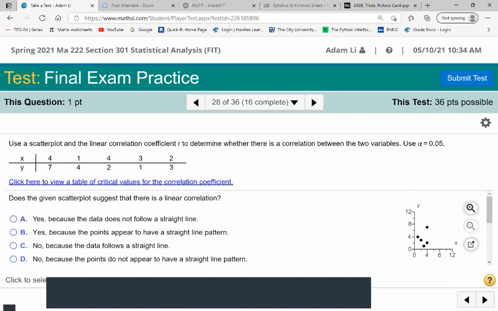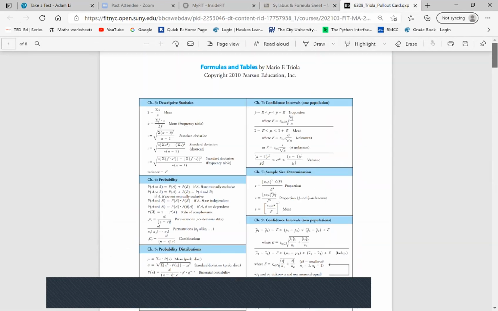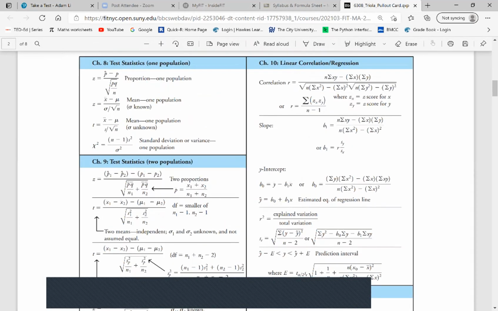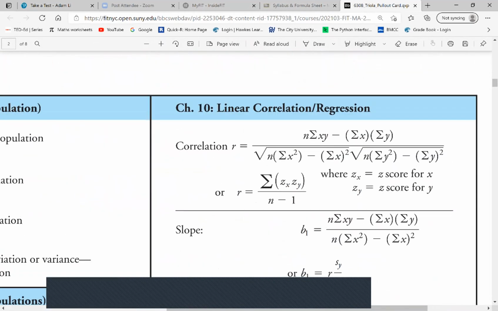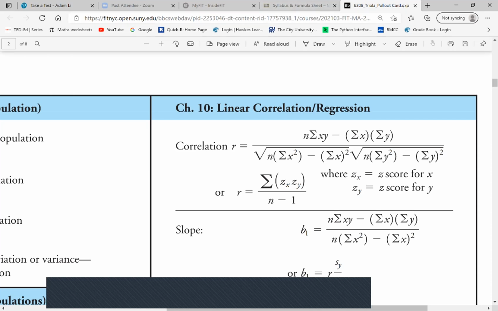Let's use the formula to calculate the R. And if you go back here in the formula sheet, on the chapter 10 formulas in the formula sheet. And this is the formula we are using to calculate the correlation coefficient R. And let's get the numbers really quickly.